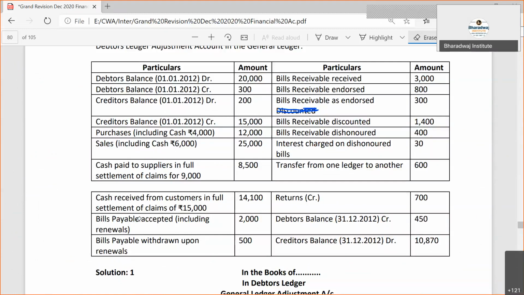Since bills payable accepted includes renewals, you can check this. This 2,000 accepted includes what? Renewal. There are two methods of doing it. One is record net 1,500, or record 2,000 and then cancel that 500. Sir, can we do 1,500 straightly? Yes, you can do 1,500 accepted.